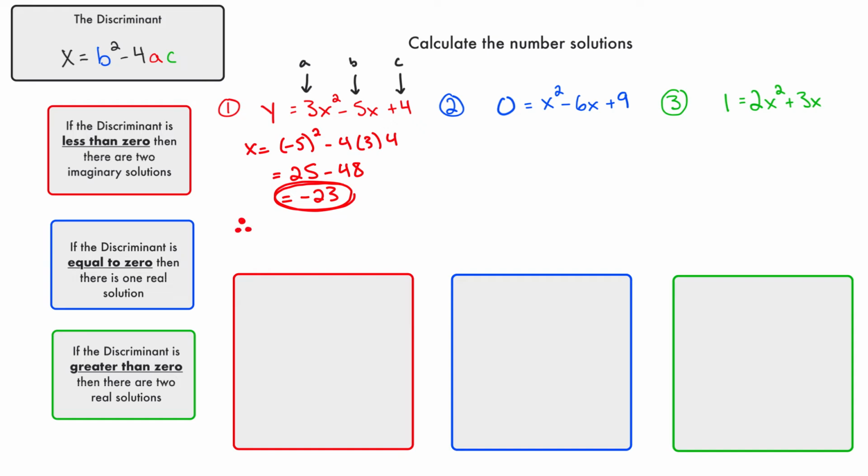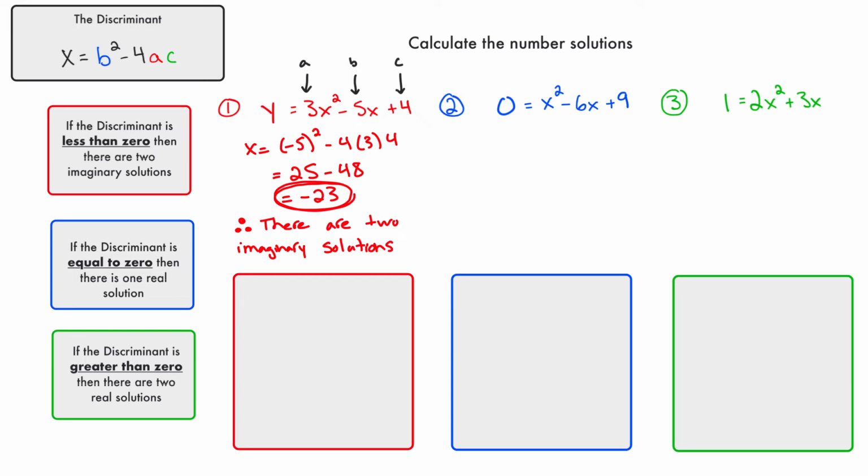It means I'm about to say a statement that comes from the previous steps. Therefore, there are 2 imaginary solutions. And I want us to state it that way. Another way that people often state it is there are no real solutions.